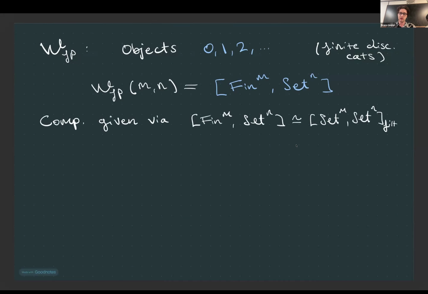So if I transport everything across this equivalence, I get things that I can actually compose and then transport back. And it turns out this lets you turn WFP into a bicategory.